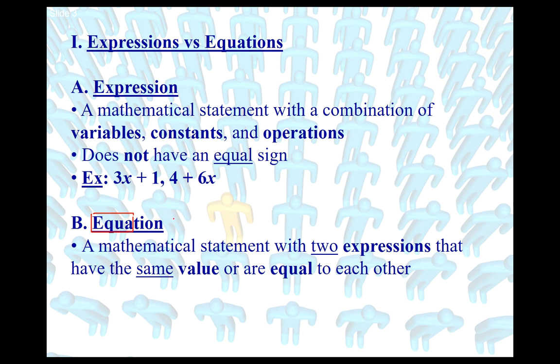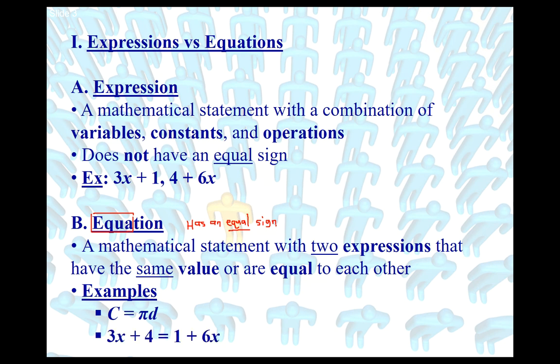An equation has an equal sign in it. For example, circumference is equal to pi times diameter. That has an equal sign in it, so we refer to it as a mathematical equation.